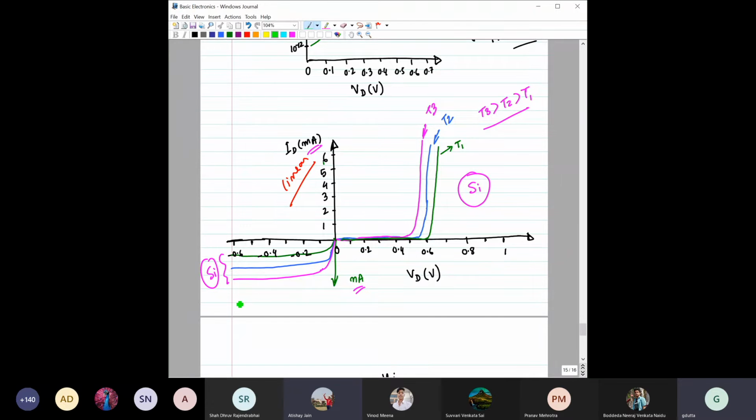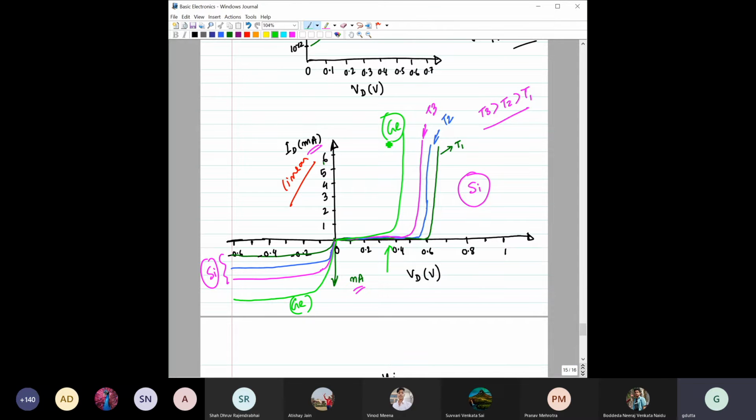The current would be higher than the silicon, so the reverse bias current would be higher, like that. What about the forward bias current? The rise will be before that of this, right? Okay, but see here, first thing is that this cut-in voltage will be lower compared to that of silicon.